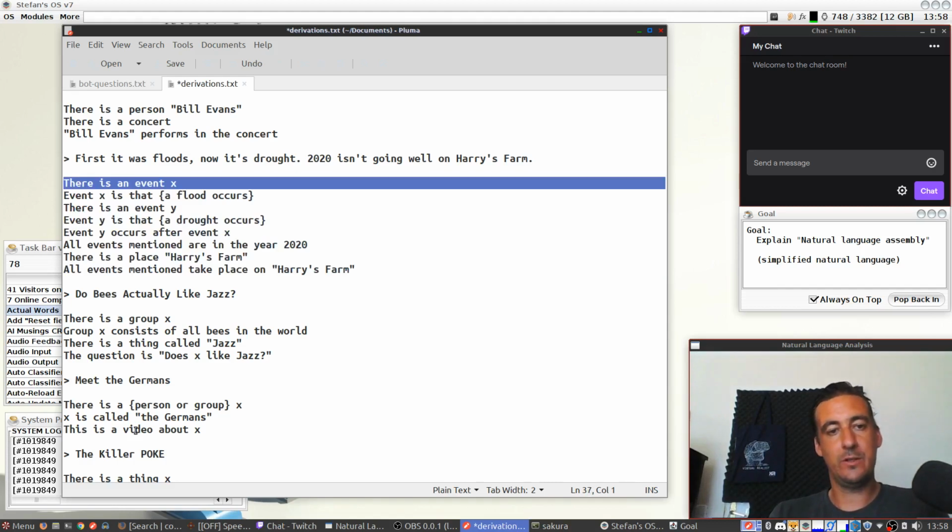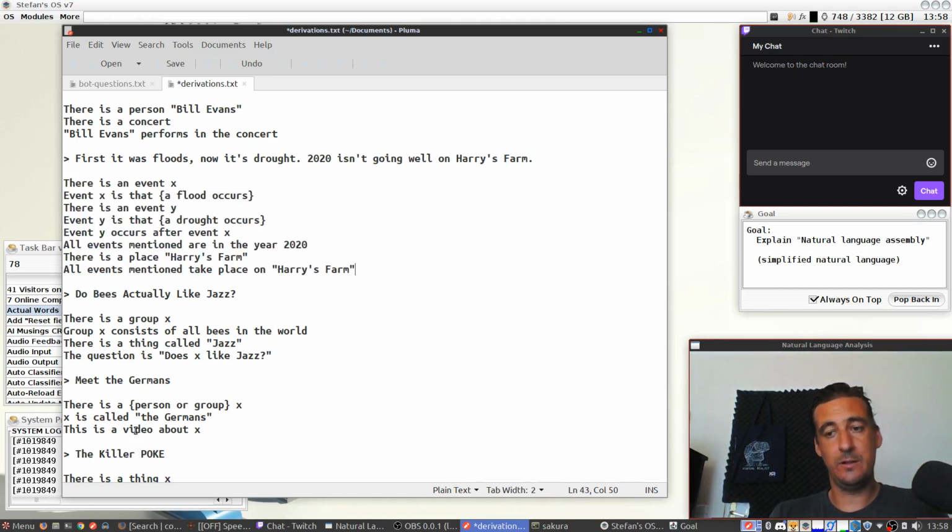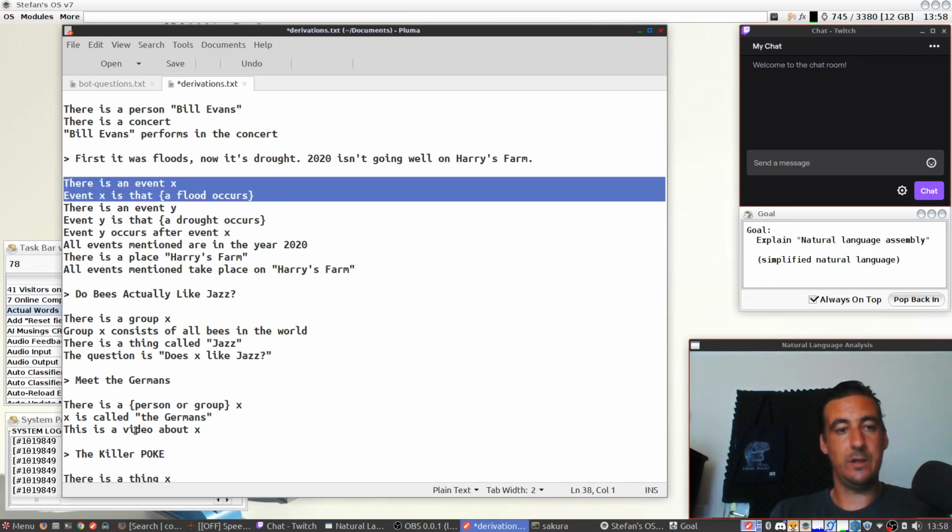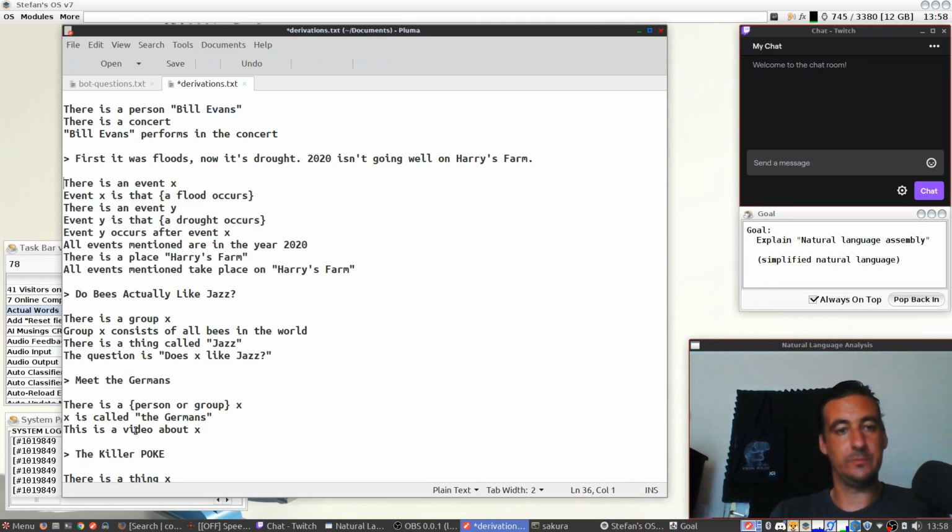We can compare this form to something else in this form, so we can compare different titles to each other, for example. This here can also be seen as a graph if you want. The things you declare are nodes in a graph, and these statements are connections between the nodes.